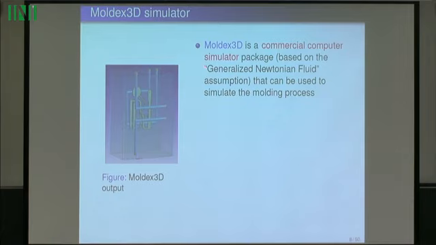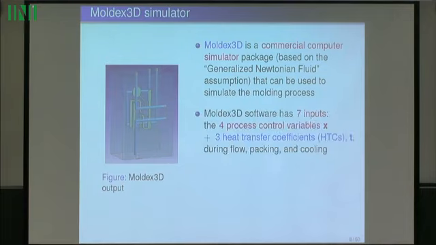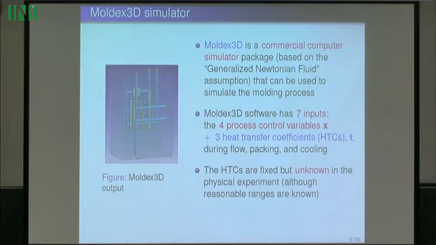Some generalized Newtonian fluid assumptions are in the simulator, but as far as we're concerned, it's a black box. And it has 7 inputs, so those same 4 process control variables plus 3 heat transfer coefficients. And the heat transfer coefficients, they're fixed, they're unknown in the physical experiment.